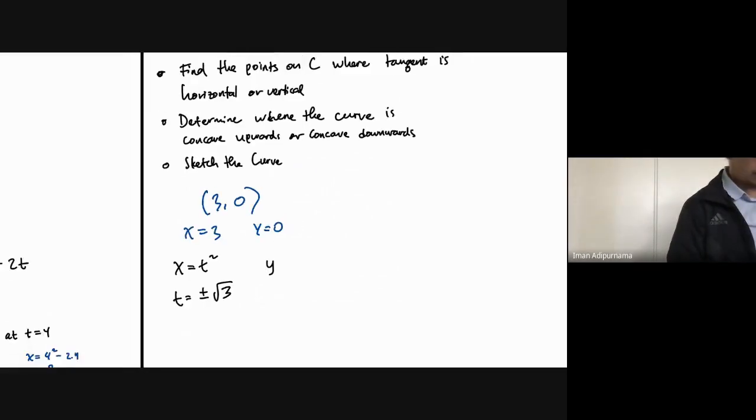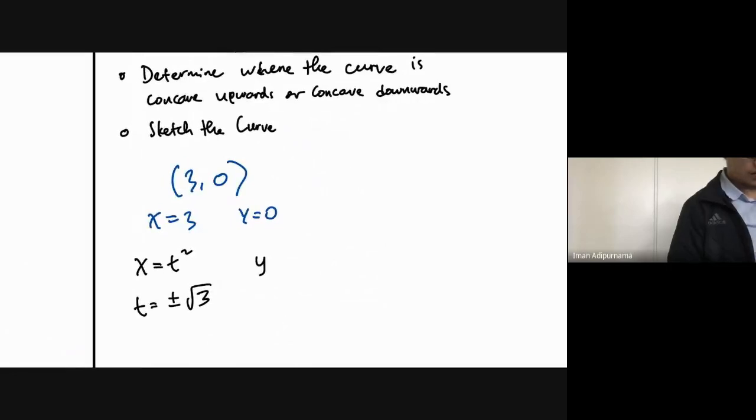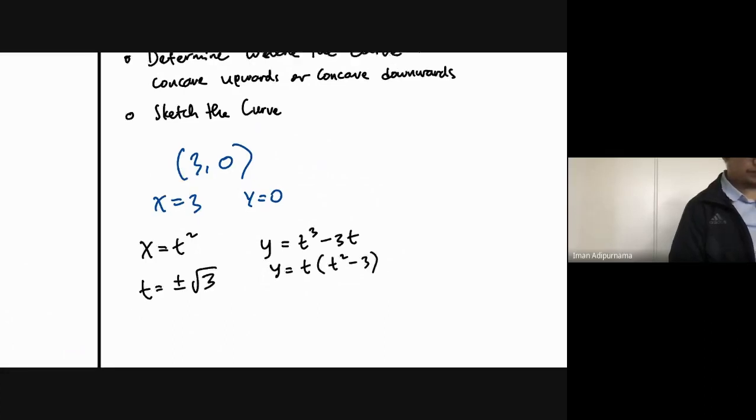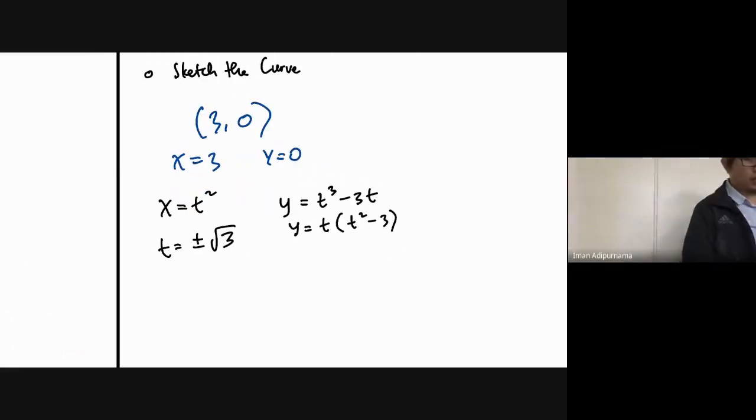And y is t cubed minus 3t, or I can write this as t times (t squared minus 3). In both cases, if you are squaring this plus or minus, both will be 0, right?